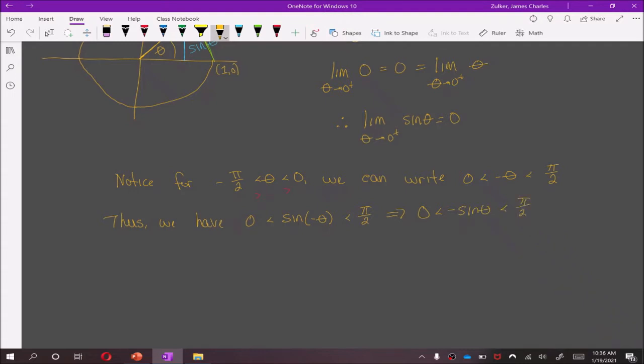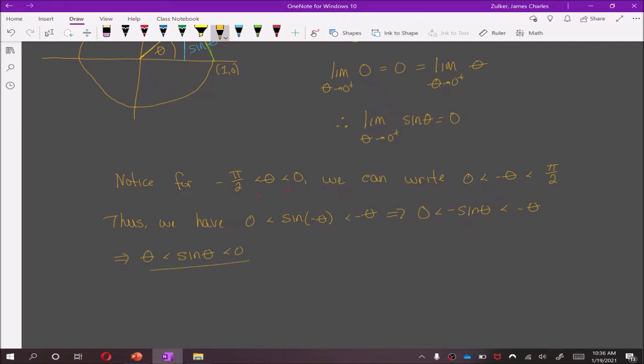I'm sorry, this is not pi over 2. This should be theta. Should be negative theta. Now we can multiply again through by -1, and we'd have negative theta is less than sine of theta, which is less than 0.